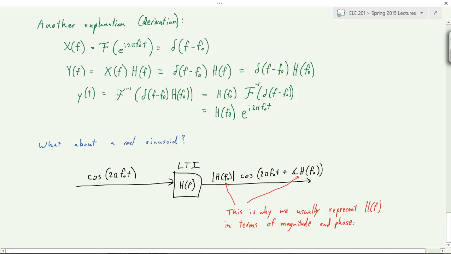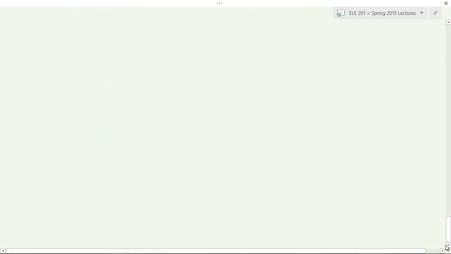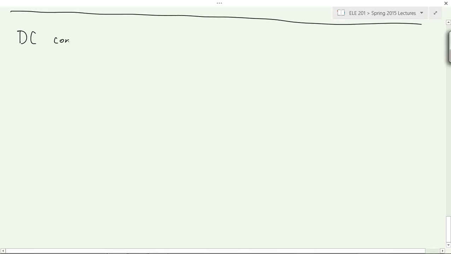Okay, so let's talk about a DC component. A couple other names for this: DC offset, DC bias. These are all kind of related ideas, if not the same thing.